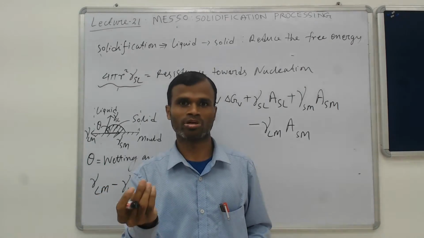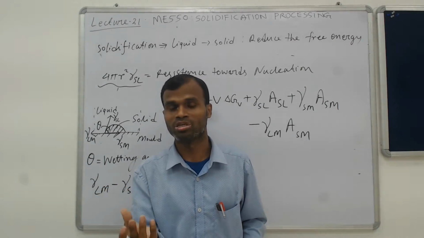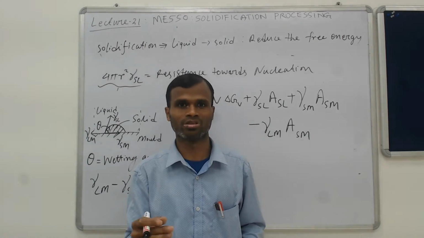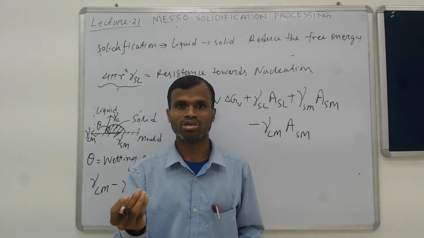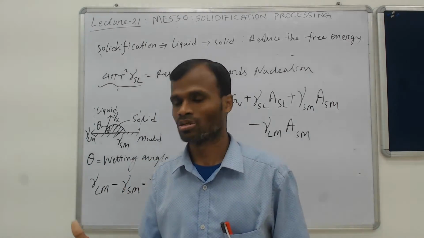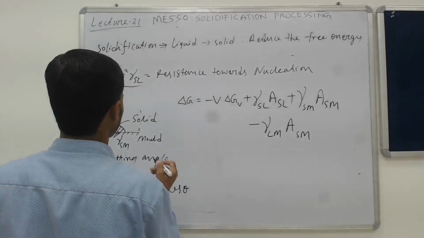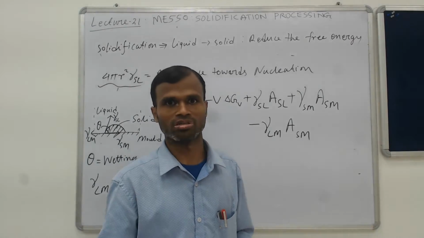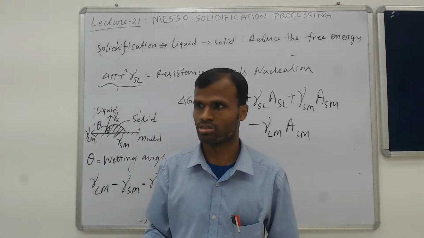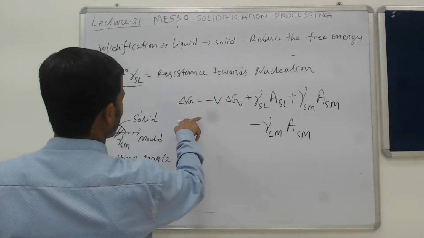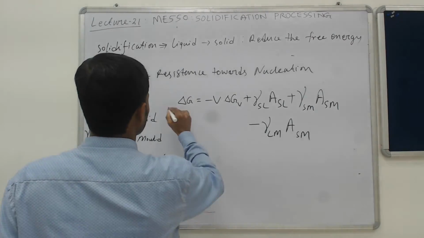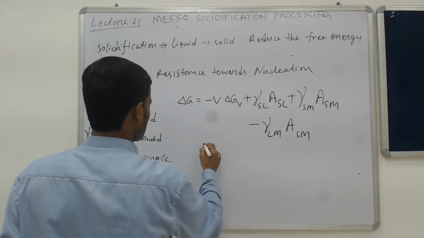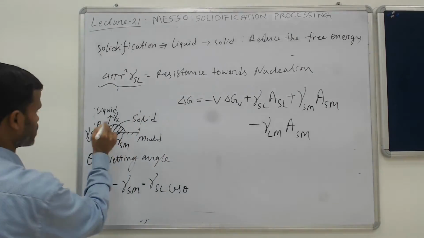Now those solid particles, which are free from any oxides because these are inside the liquid, serve the purpose of nucleation site. You can read about inoculation in the reference book that we follow, and find more details. So anyway, this is the free energy of formation of this solid cap.